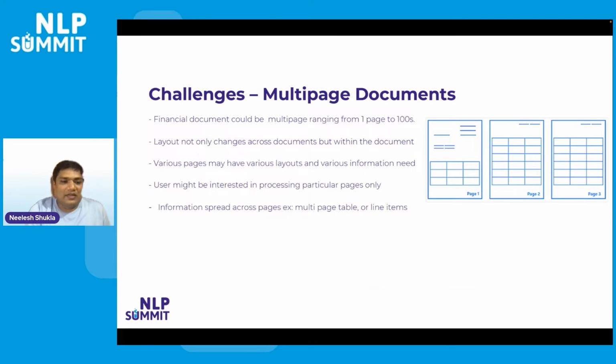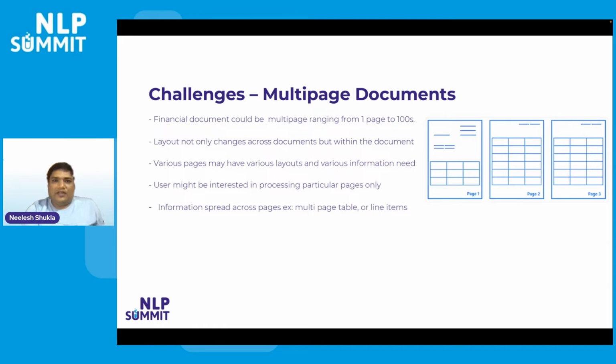Another challenge that any organization processing documents faces is that documents are not only single page. They are multi-page documents, ranging from one page to a hundred, a thousand pages and more. Financial annual reports are usually 100 to 200 pages long.